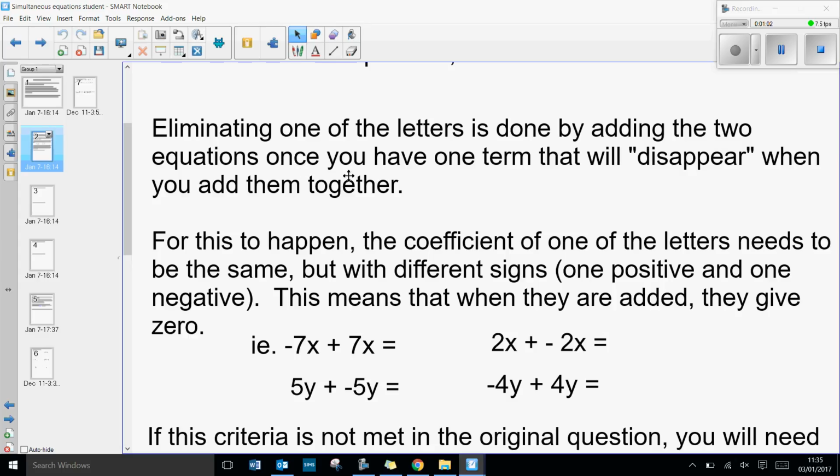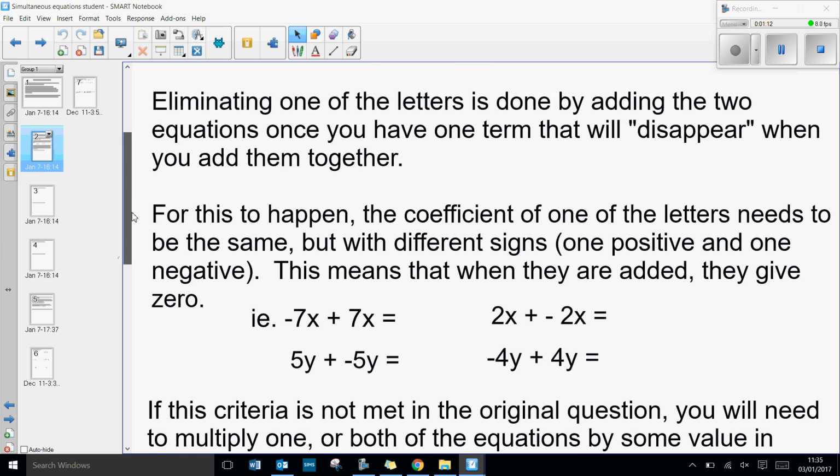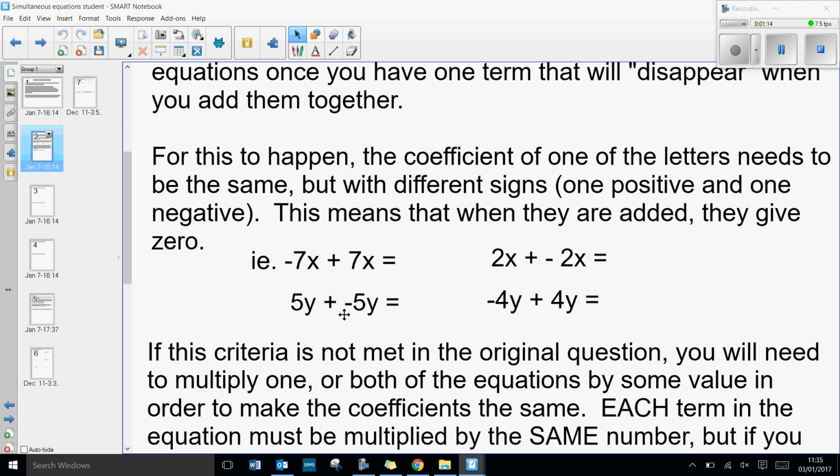But in order for the term to be eliminated, we need to have one term that will disappear when we add them. How does that happen? Well, the coefficient, the number in front of the letter, has to be the same, but with different signs.